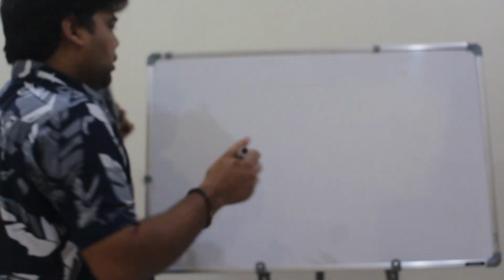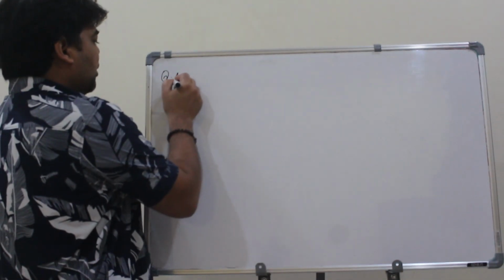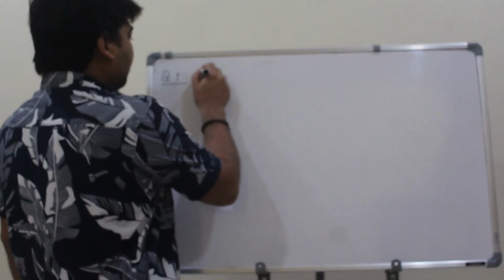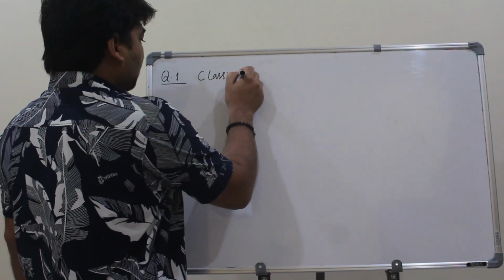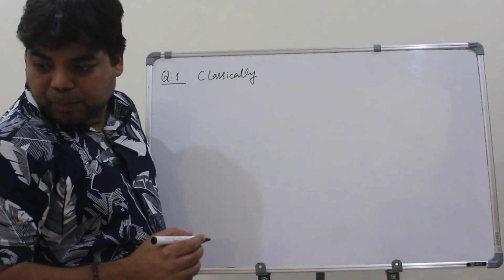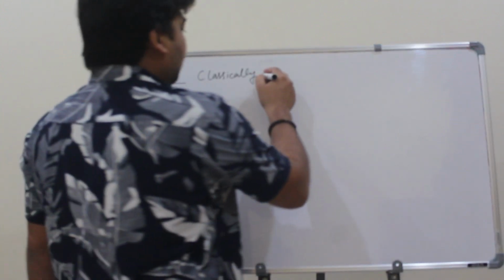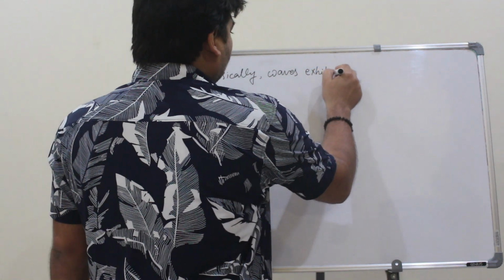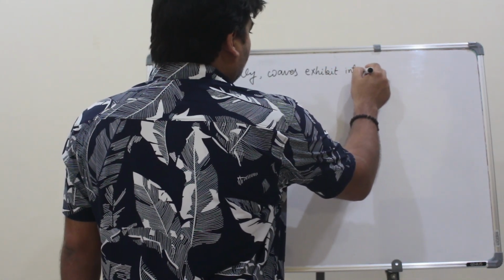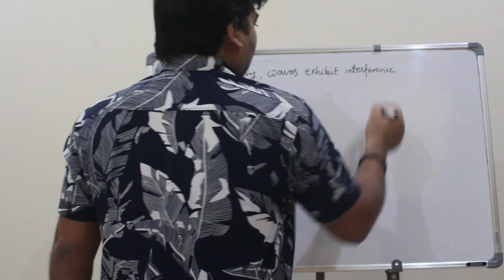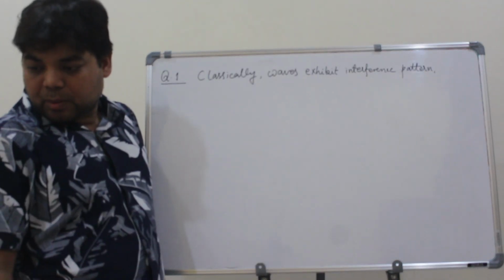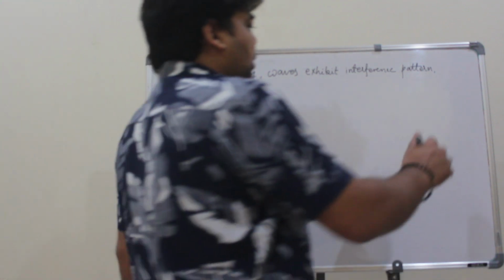Question number 1 says that classically, waves exhibit interference patterns, which we all know about, but particles do not.